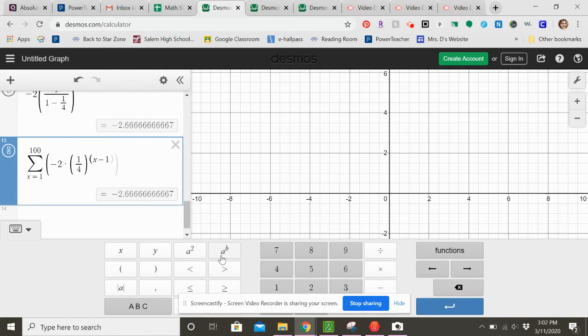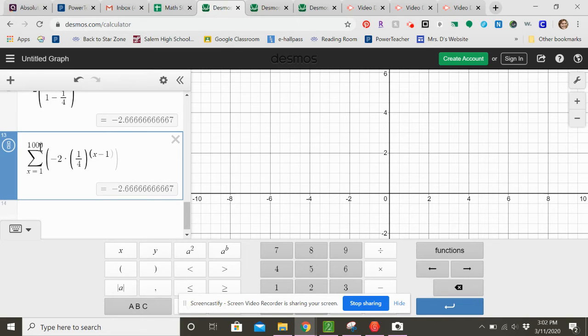Okay, check that out. I don't have infinity in here. I can't put infinity in here. So I put in 100, I could put in 1,000, and Desmos can still handle the calculation. What about 10,000? Desmos can handle the calculation. What about 100,000? At some point, Desmos might cut out at me because it can't hold the memory.